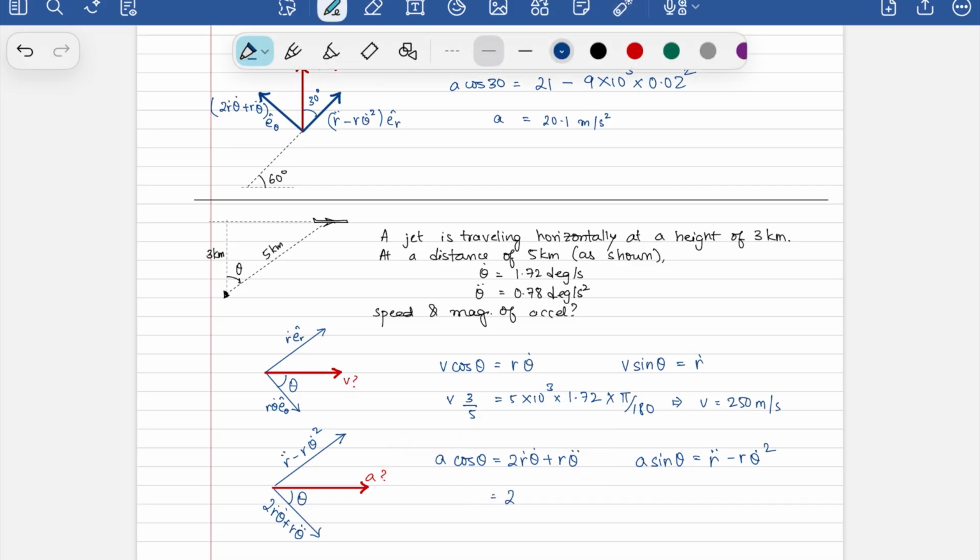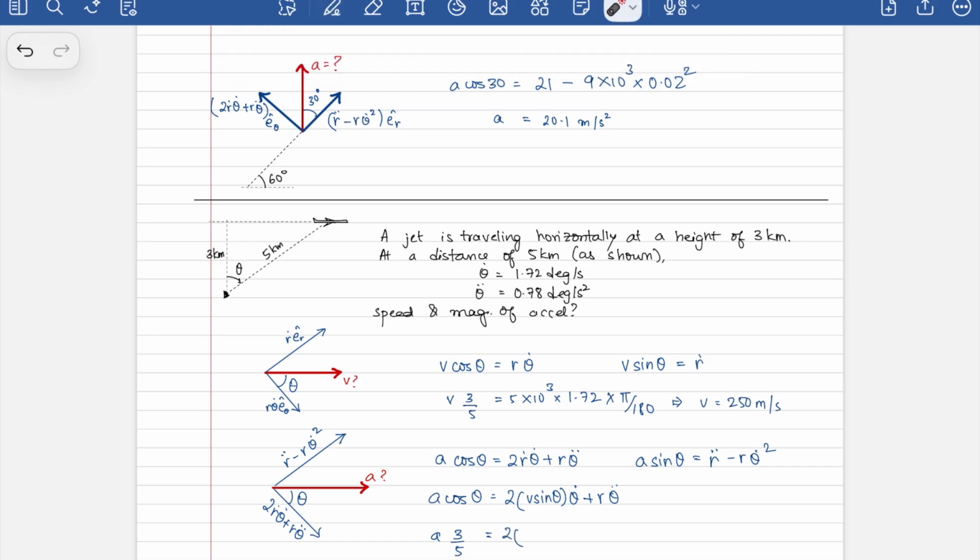So you have 2 times v sine theta, theta dot, plus r theta double dot is a cos theta, which if you were to now substitute all the values, you get a times 3 over 5 is equal to 2 times, if you were to do 250 sine theta, in this case, this would be 4.